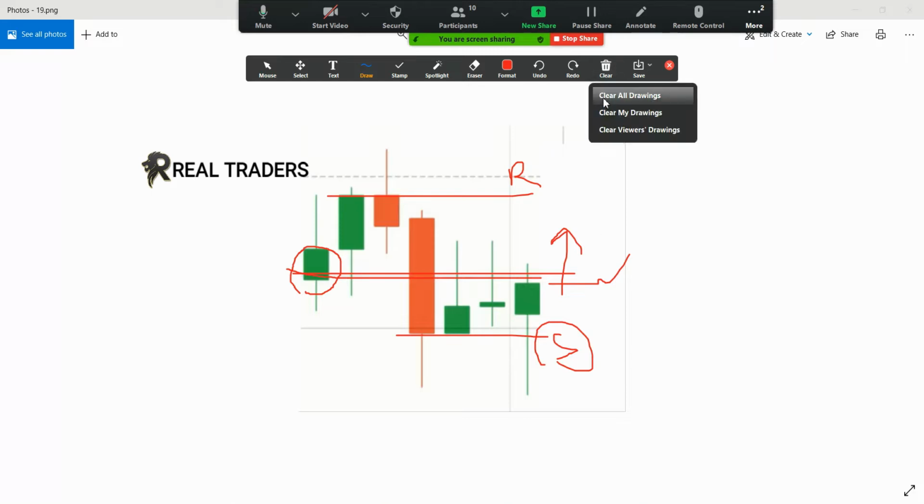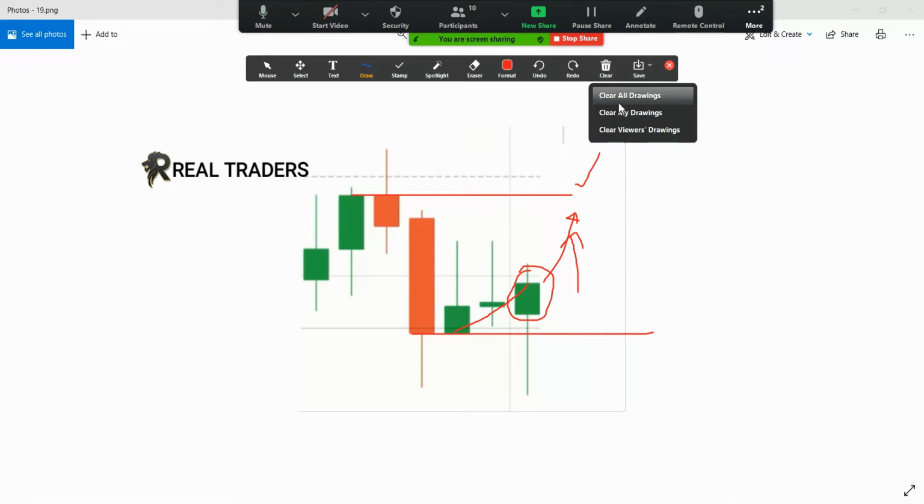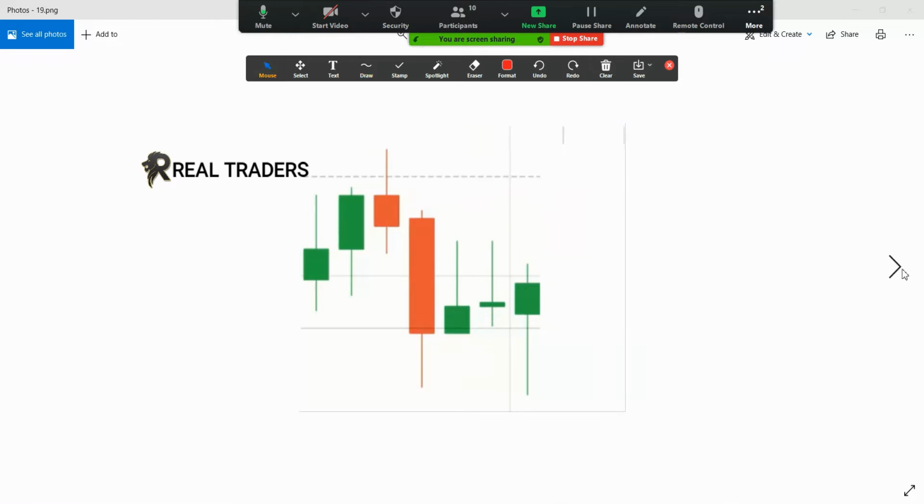When we see a hammer candle close in the middle of the trend, we can expect a continuation. You can see these buyers here, it will continue and go up till the next level. Okay, very good answer. You can see again a bullish candle here.